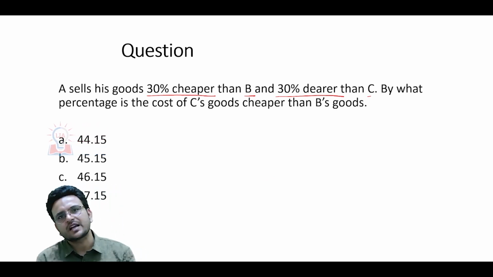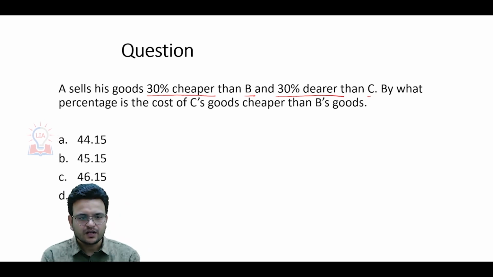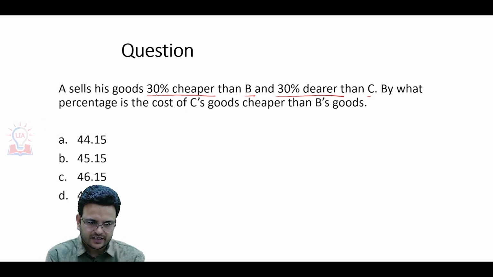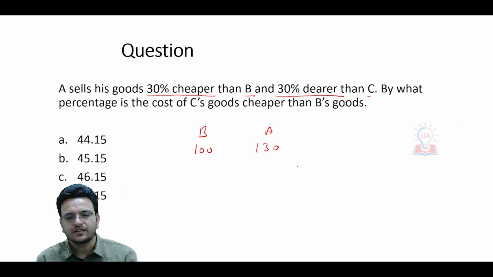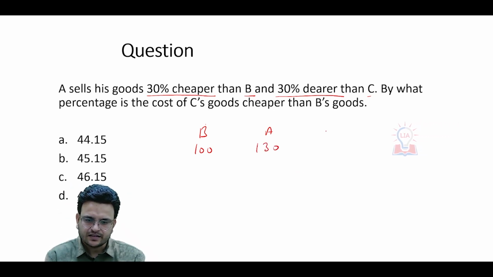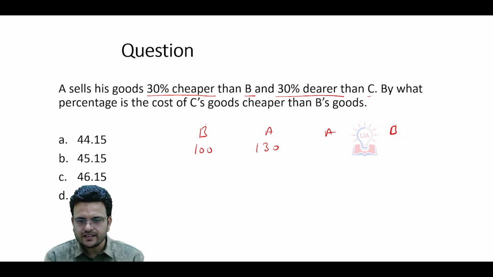How to solve such types of questions? Basically, A sells his goods 30% cheaper than B. If B is 100, then A is 70. The second thing is, A is 30% dearer than C. So here it is 100, here 130.